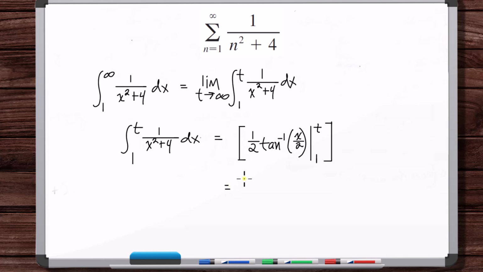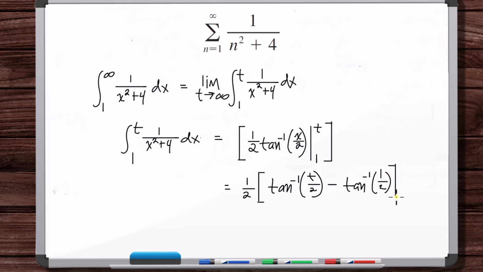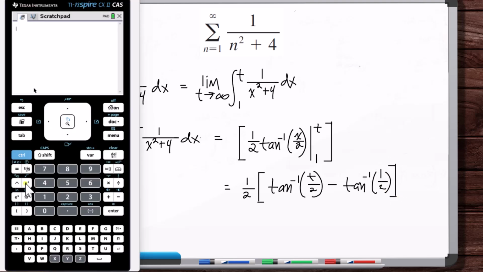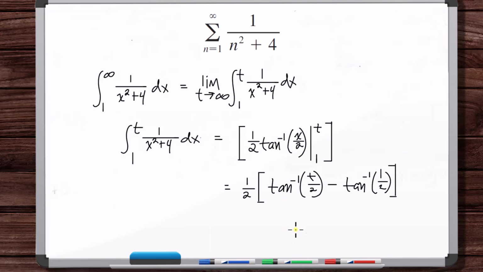So take out the 1/2, and we've got arc tangent of t over 2 minus arc tangent of 1/2. Okay, arc tangent of 1/2 is not anything clean, but it doesn't really matter. So, okay, let's just put this here.